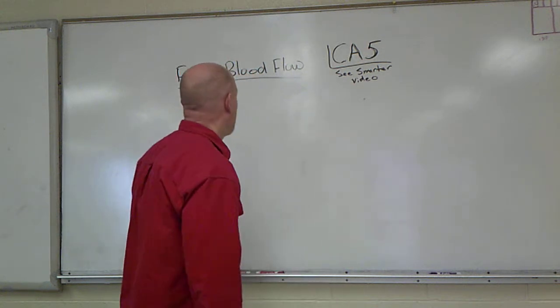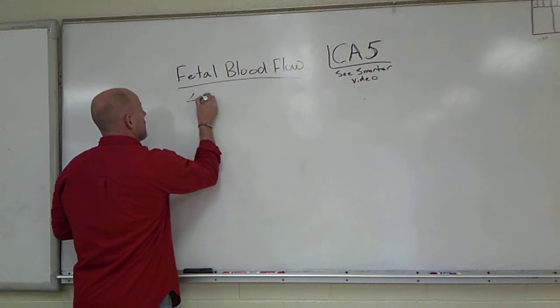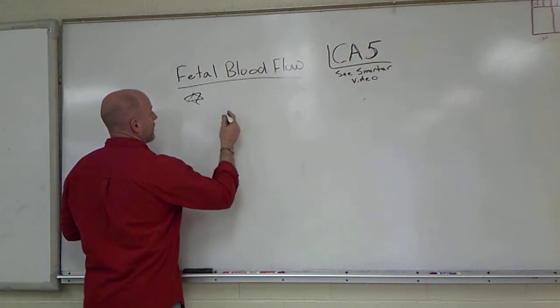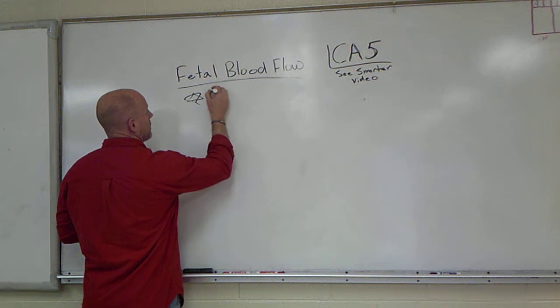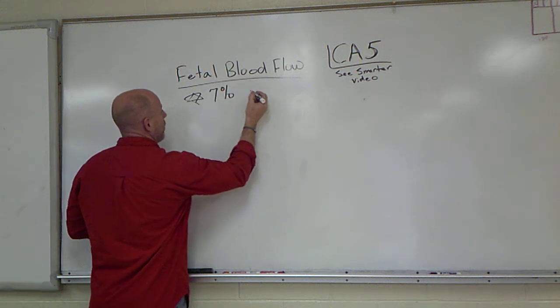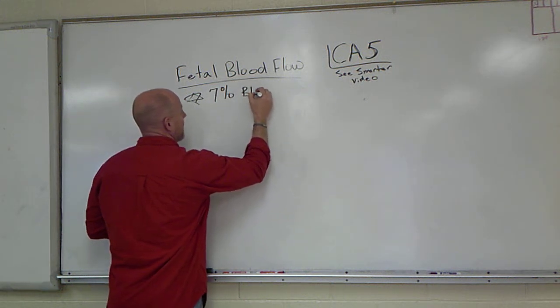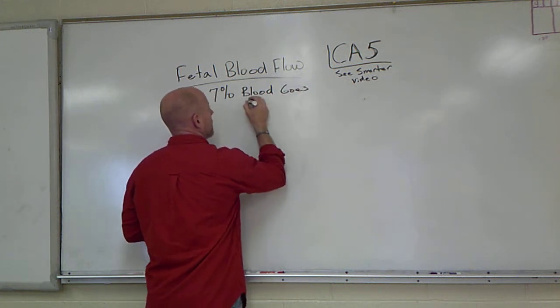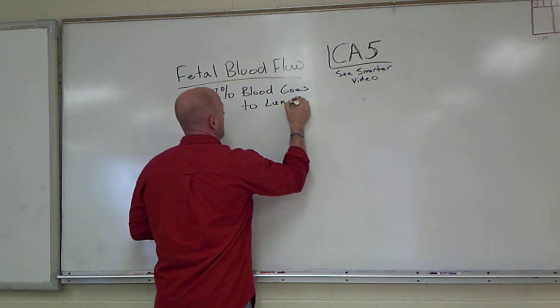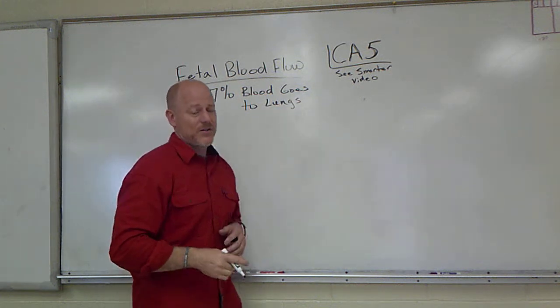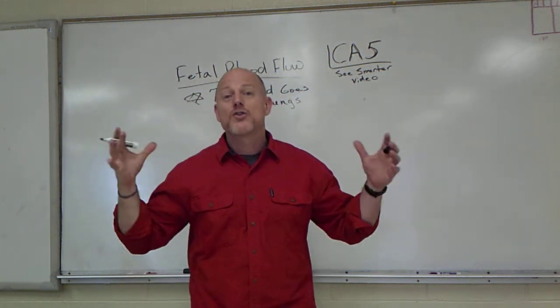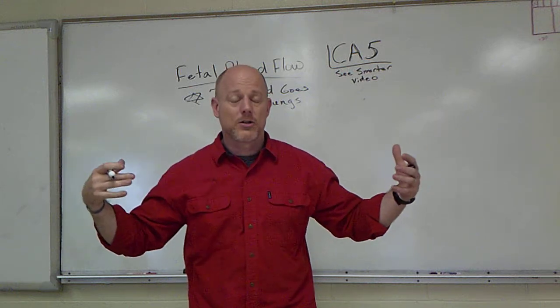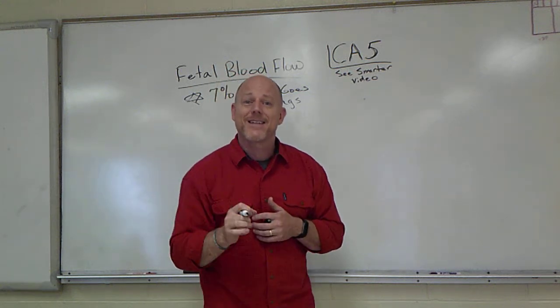But there are several things I want you to know about fetal blood flow. I'm going to star them as bullets, so we're going to go to the simple bullets. Only 7% of blood that you have while you're a fetus goes to the lungs. Only 7%. As soon as you're born, within an hour, it goes to 100% of your blood eventually going to your lungs. But it restricts down to 7%.